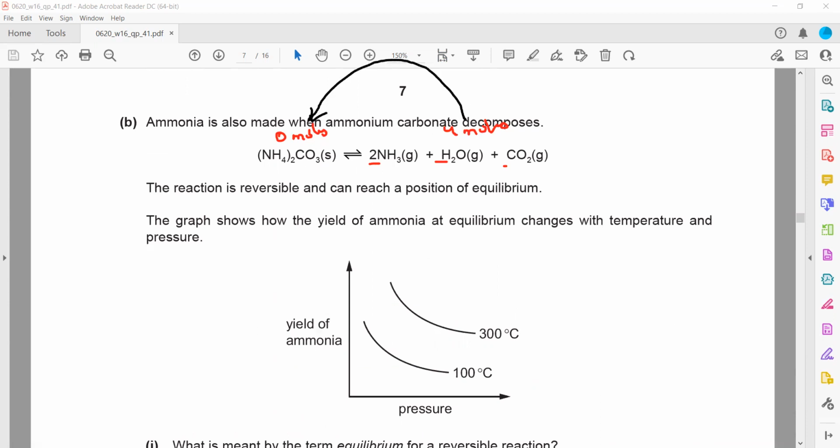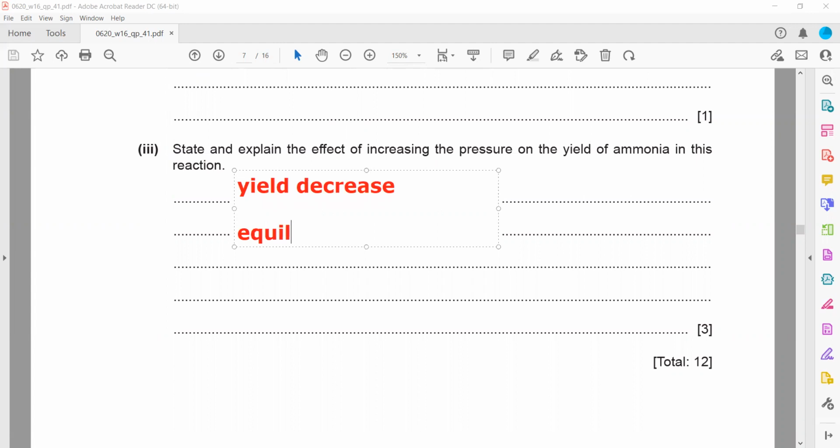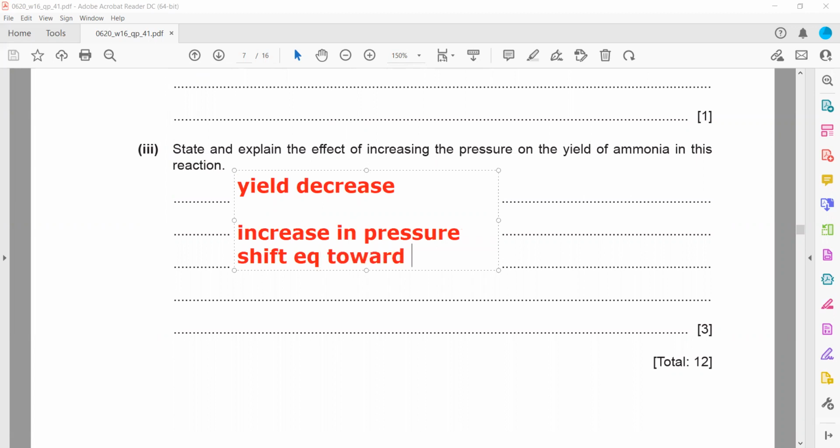Because an increase in pressure shifts the equilibrium towards the side of fewer moles of gas. In this example, it will shift backward, because on the backward side you don't have any moles of gas. As a result, it will reduce the yield of ammonia, or amount of product. Yield refers to the amount of product as well.